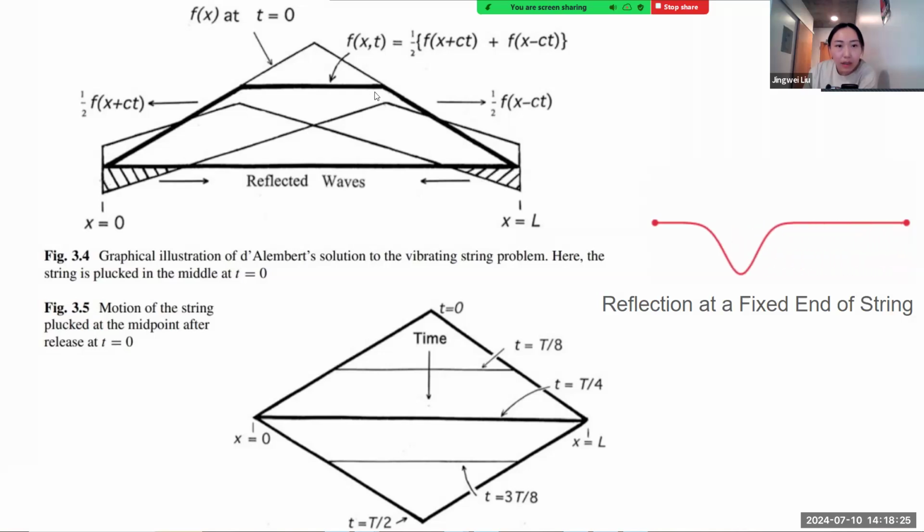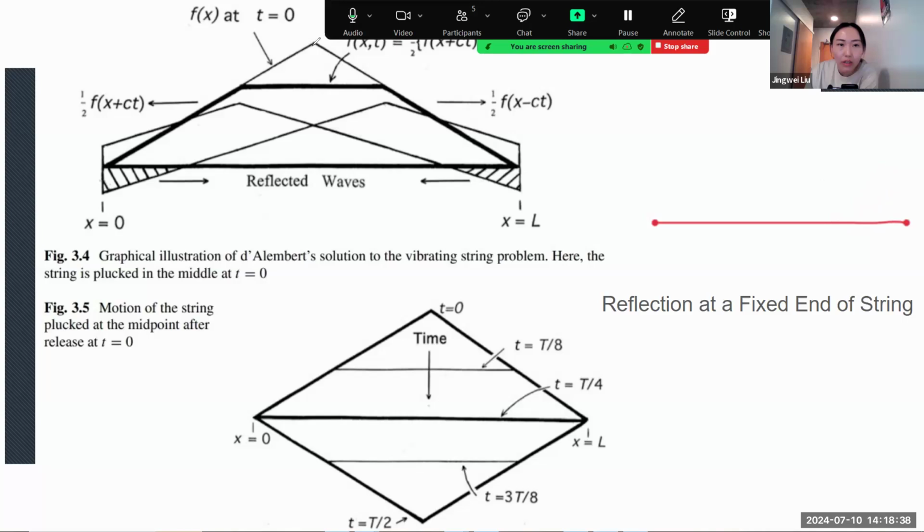Here is the physical model of the string, the movement of the string. So as before, this is a string, and the initial condition is that we pull the string here. This is the initial position.